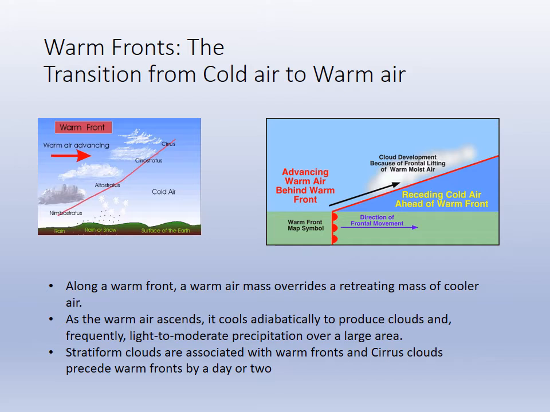In the profile of the warm front, you can see that warm air is being pushed up at an angle. High clouds indicate the coming of a warm front, your cirrus clouds. The clouds get lower and lower until finally you have stratus clouds covering much of the sky with a long period of precipitation followed by warmer and more humid conditions.